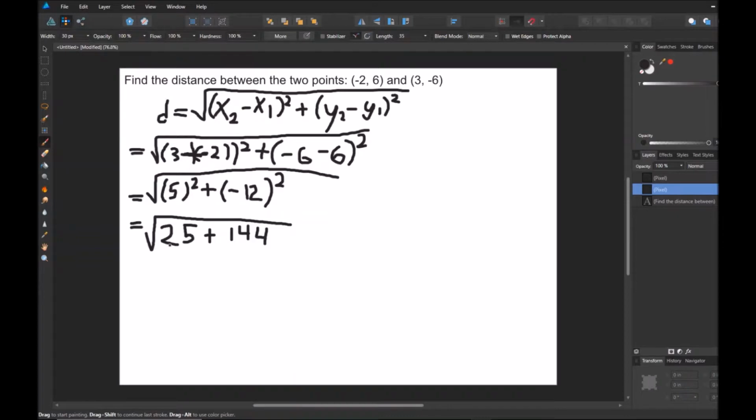So 25 plus 144 is 169. And the square root of 169, I believe, is 13. Oops, I didn't mean to write the root over there. It's just 13 units.